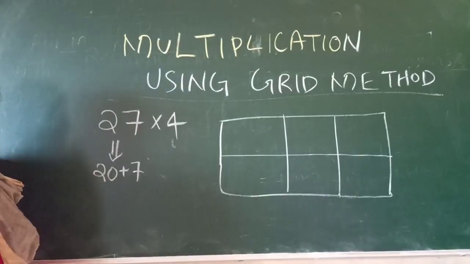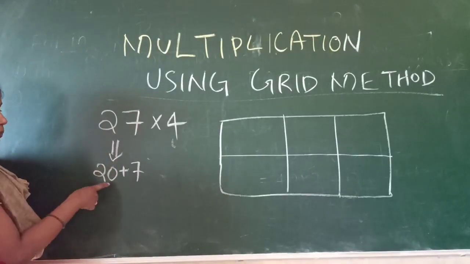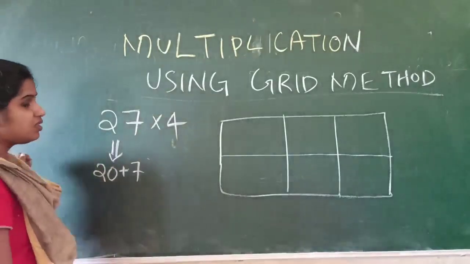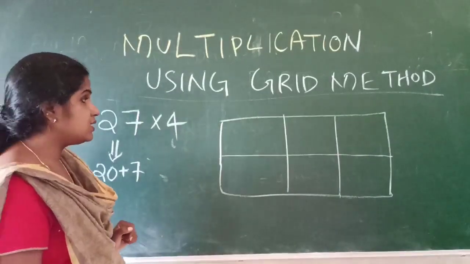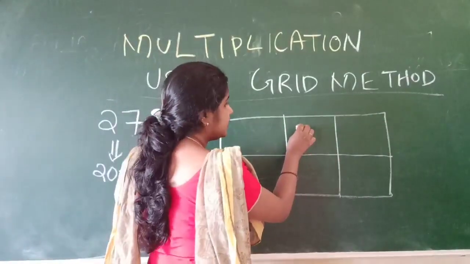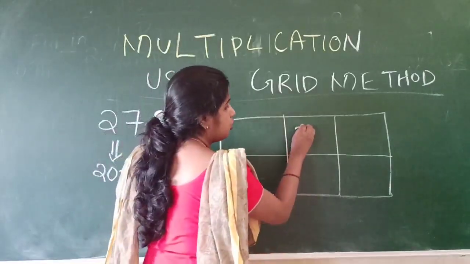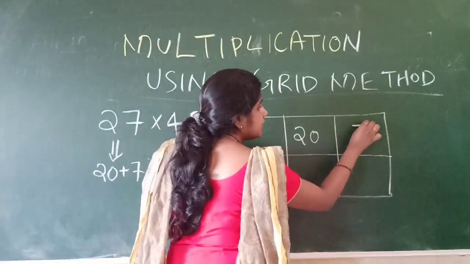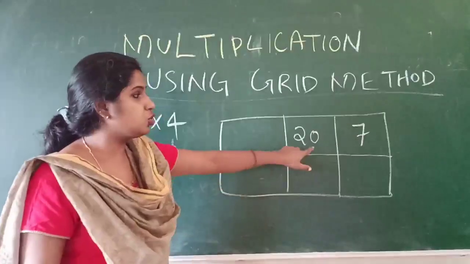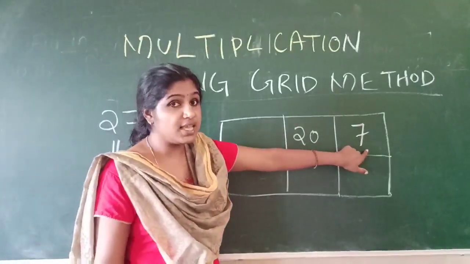Now we write this 20 plus 7 like this. Look at the grid carefully. I am writing 20 here and I am writing 7 here.